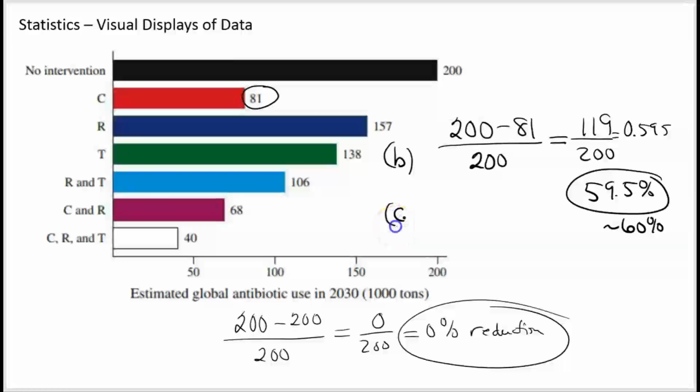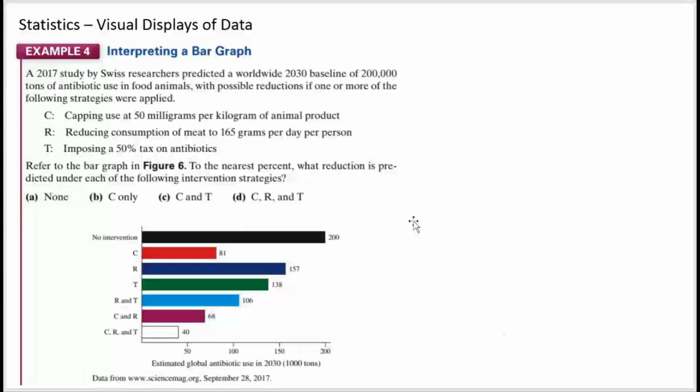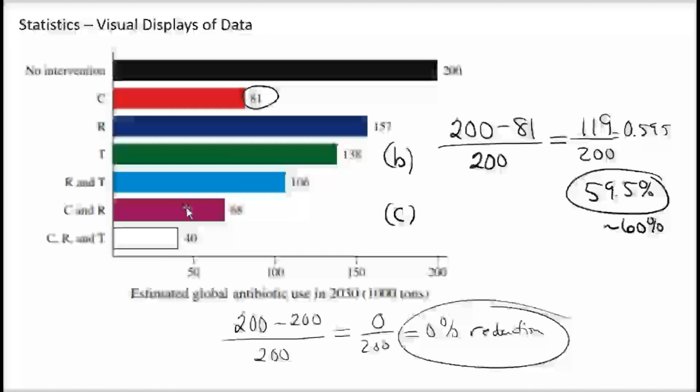And that was question B. Now, let's take a look at question C. Again, I'm going to flip the page on you. Question C says C and T. So I'm going to go back and look at my zoomed-in bar graph, and look for C and T. I see C, a CR, a CT. Now, I can't do C and T myself, but look, they have R and T together.